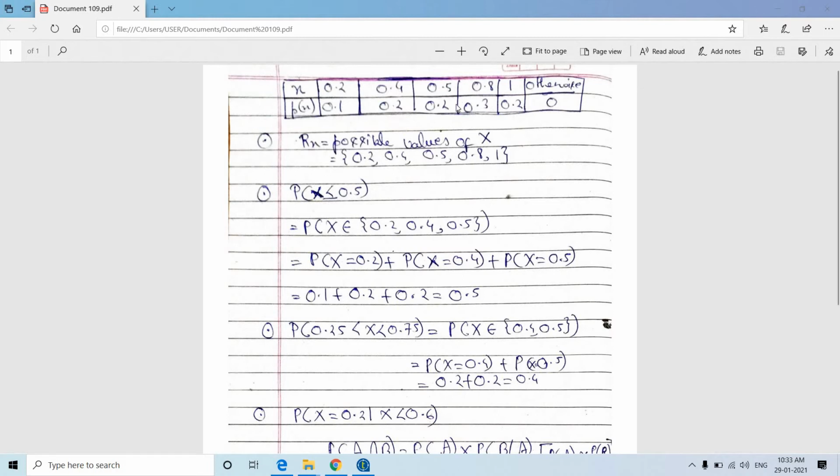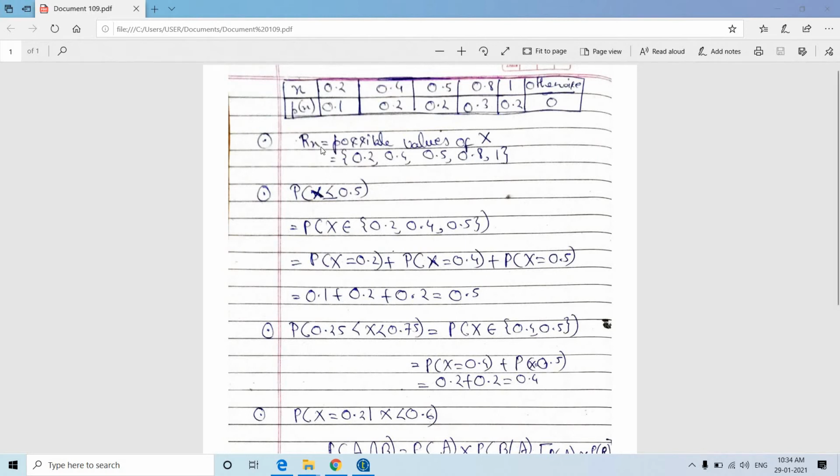What is the probability that 0.5 will come? 0.2, and so on. If you put all the possible random variable values on the x-axis and plot the probability values on the y-axis, then the graph we get is discrete, because this is a discrete event, so obviously it is our probability mass function. And if we are working in the continuous probability domain, that is considered a probability density function.